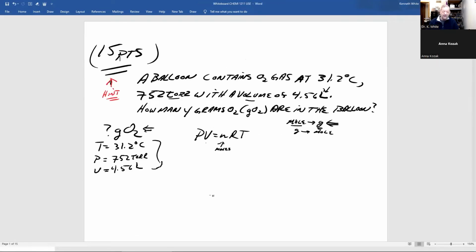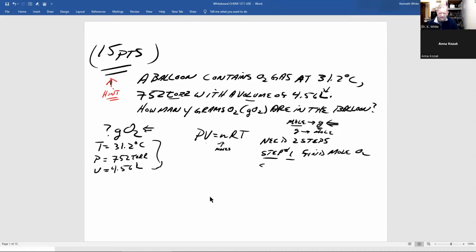What we first have to do, you need 2 steps. First step, you have to find the moles of oxygen.